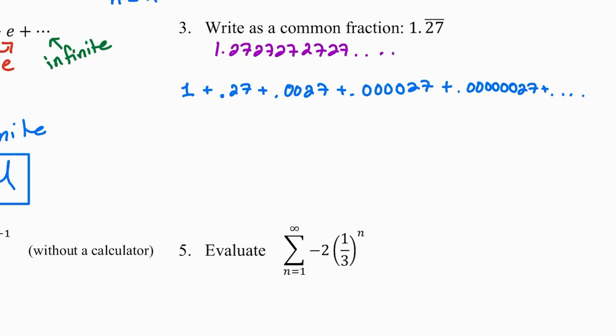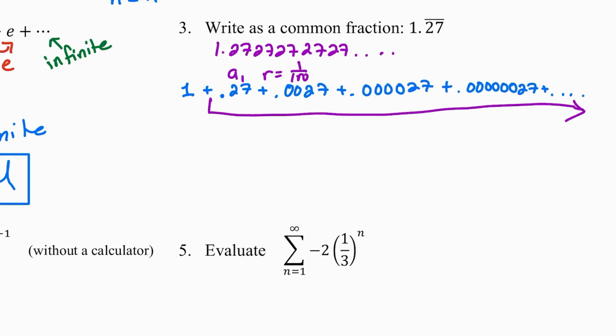So this is how I could rewrite this as an expansion of adding a bunch of decimals. The geometric series that's happening starts here and goes on forever to infinity. So that means this is our first term. And since I'm repeating 2 decimal places, our common ratio ends up being 1/100ths.